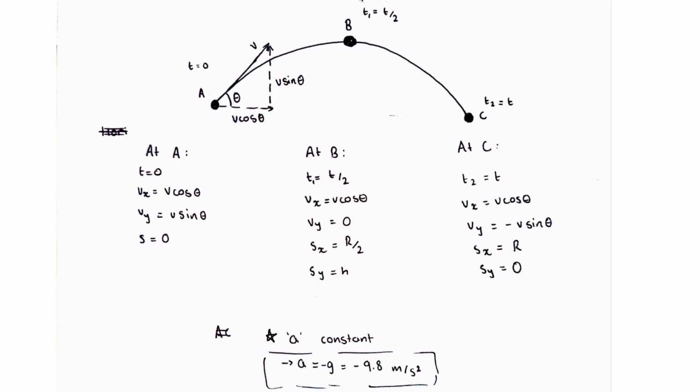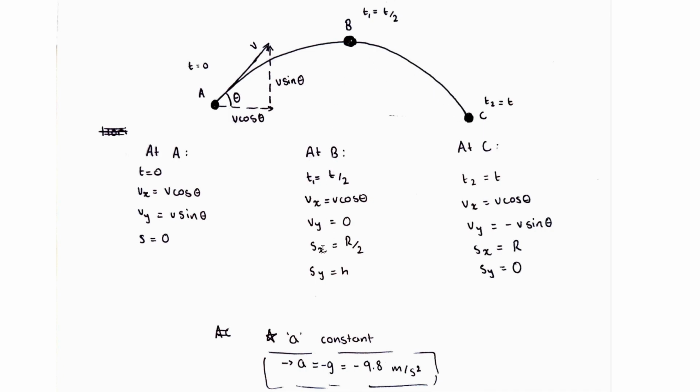And at B, or over here, t or time basically is equal to T, the total time, upon 2. And vx, or the horizontal velocity, will still be v cos theta, since there is no friction, no nothing, so no deceleration for the horizontal velocity. Then vertical velocity here will be 0, since it's at maximum height. So it will increase as it moves up from A to B, and then start decreasing and go into negative as it moves from B to C. So here it's going to be 0.